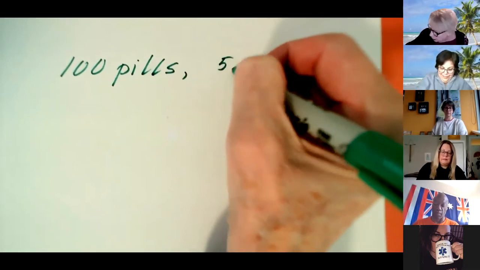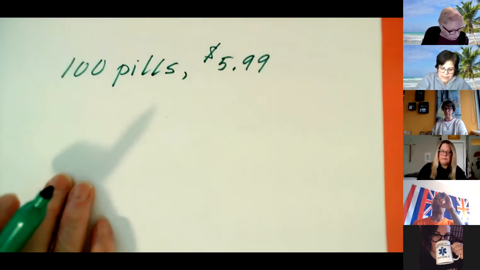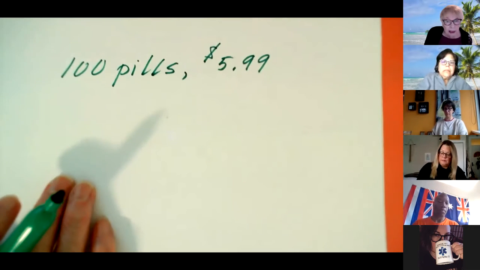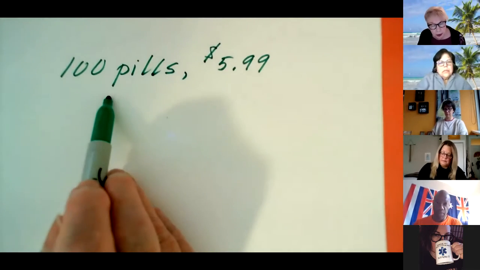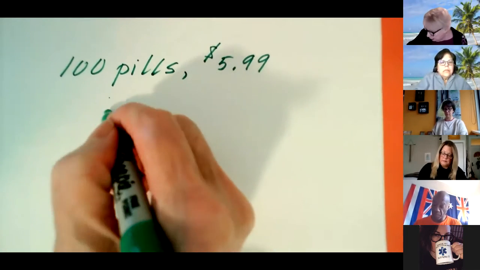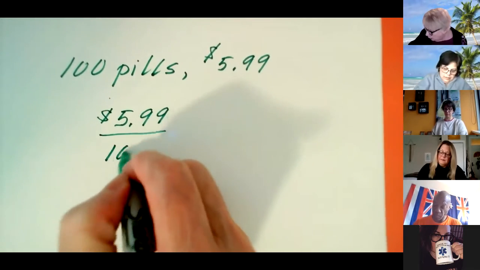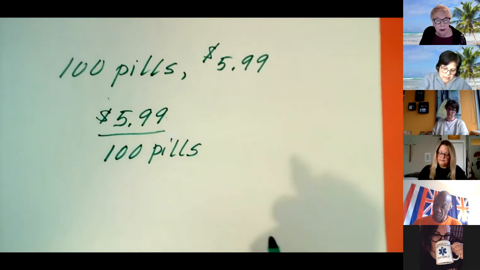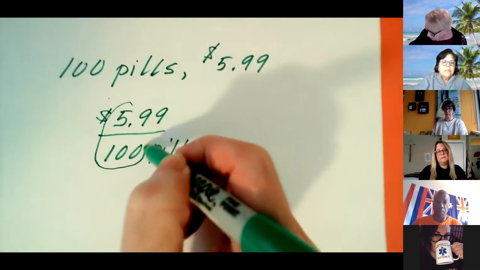And it's $5.99. Okay. Find the unit price. And so they were comparing 2 items, but let's start with this one. The cost was $5.99 for 100 pills. Does that make sense? So let's do the number part of this.